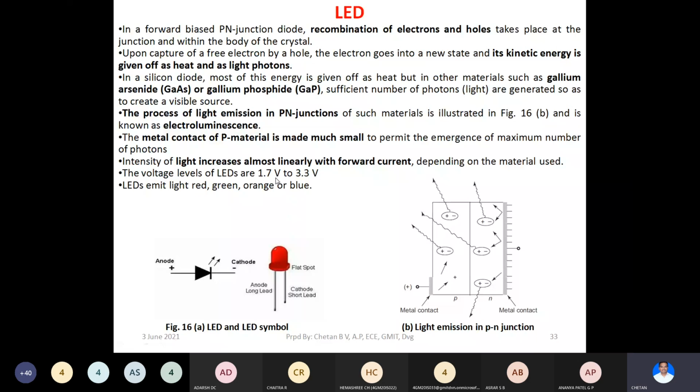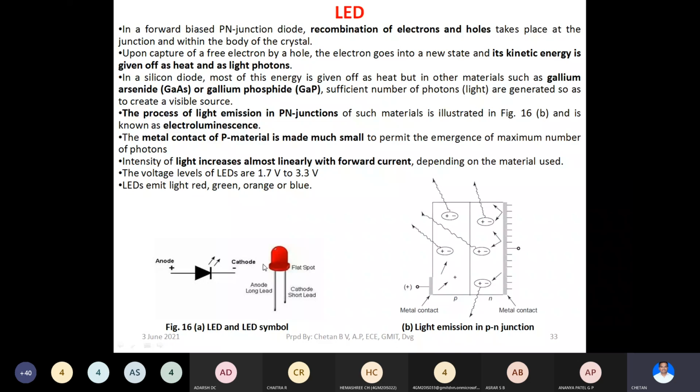So, this is not the voltage which is required for the diode to be in the forward biased region. This is required for the LED to have this process of electroluminescence and emit light. So around 1.7 volt. If this voltage is applied, then only the LED can emit light, right? You can conduct this experiment at home.